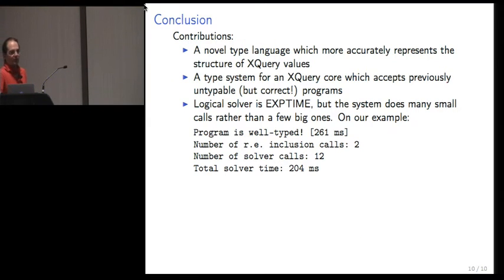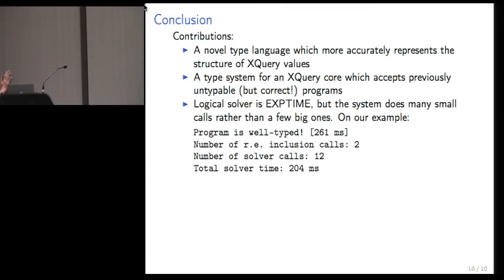To summarize what we did, we propose a novel type language using these regular expressions of formulas, which more accurately represents the structure of values in XQuery than the classical type language, which is based on regular tree types. So we have a type system for a core of XQuery, which accepts previously untypable but correct programs.